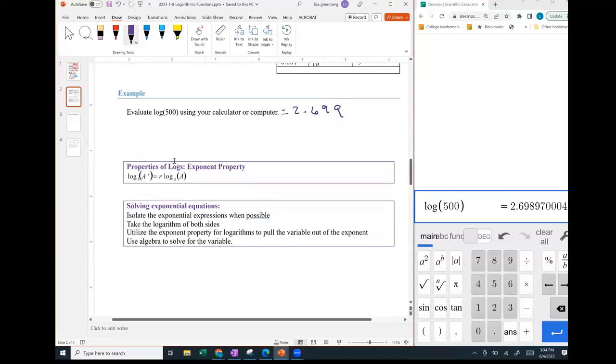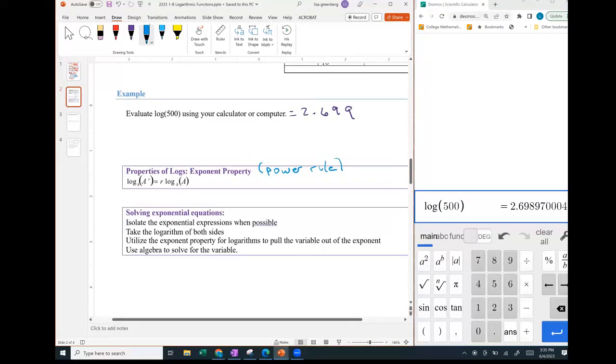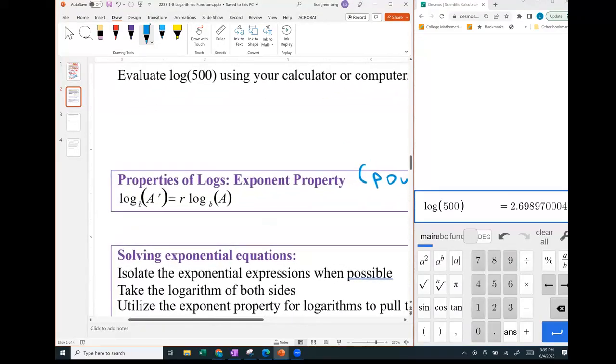Be careful. Here we have what is called the exponent property, often called the power rule. Basically, we're taking the exponent on the thing inside parentheses, and we're literally bringing it to the front.